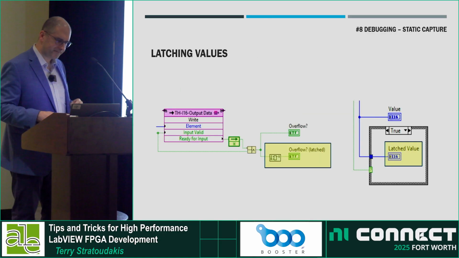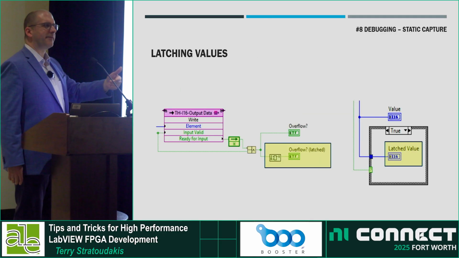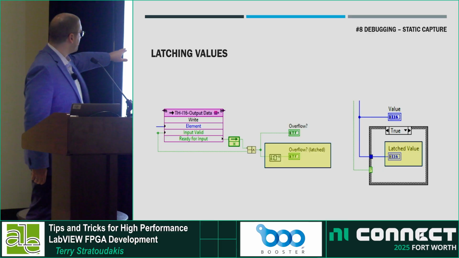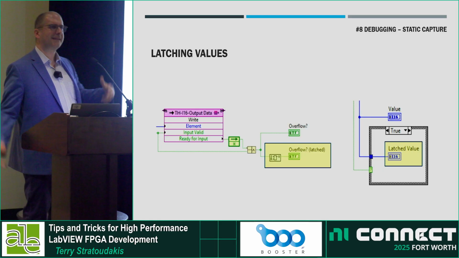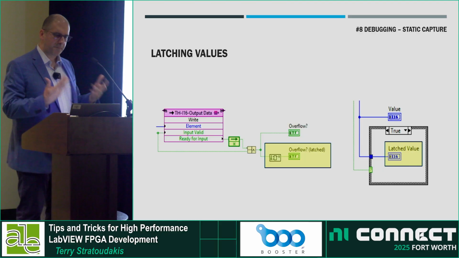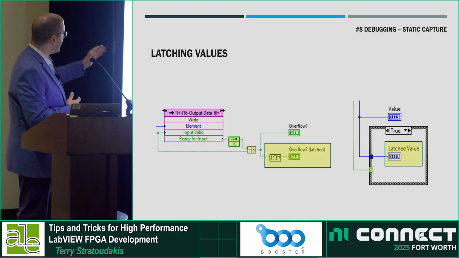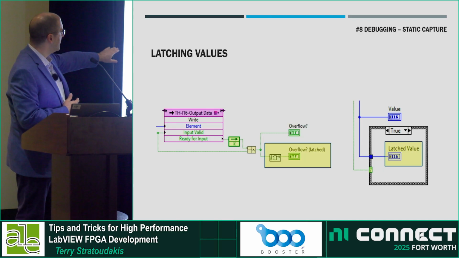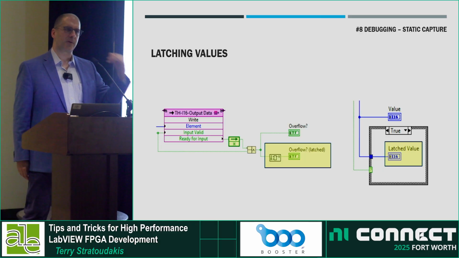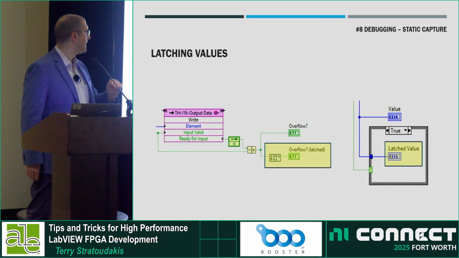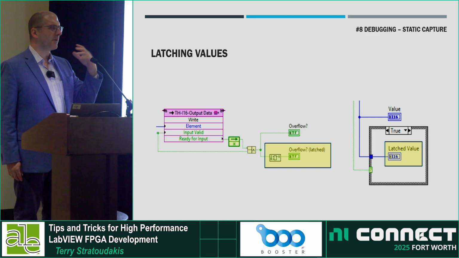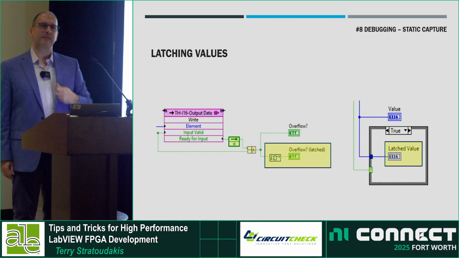So what do we do? We should latch that value. So we put a latch function. There's two forms of that I'm showing here, two examples of it. The idea is to just keep that in mind. So I can latch that output, so that if one overflow in this case occurs, this goes true, and I then know that value, I can then see that on my host side.